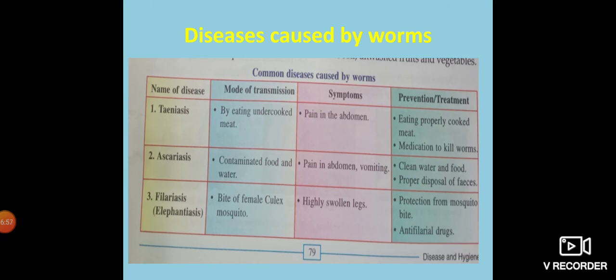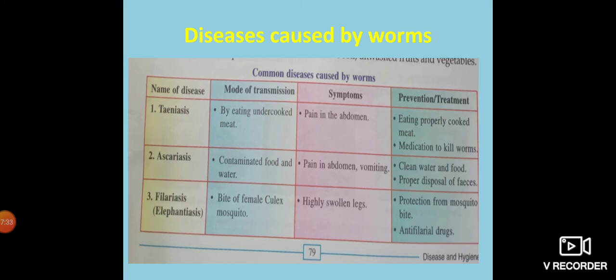The meat should be cooked properly, mainly pork. If we do not cook the meat properly, the eggs will not die, isn't it? So the eggs may reach our intestine through this meat and grow there, absorbing all the digested food from the intestine.